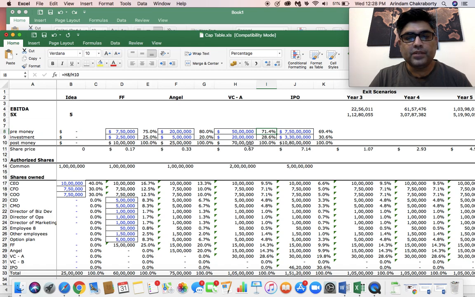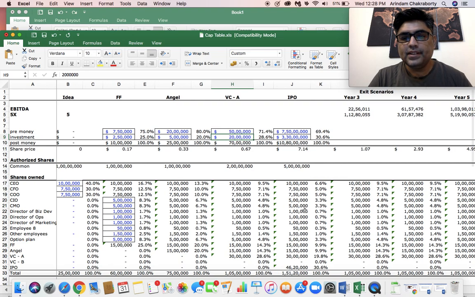The post money valuation. So H8 by H10: H8 is your pre-money valuation divided by your post money valuation. That is how it is coming up. And these are the inputted figures. The ones placed in blue are the inputted figures, right? So this is how the entire computation is happening till this extent.